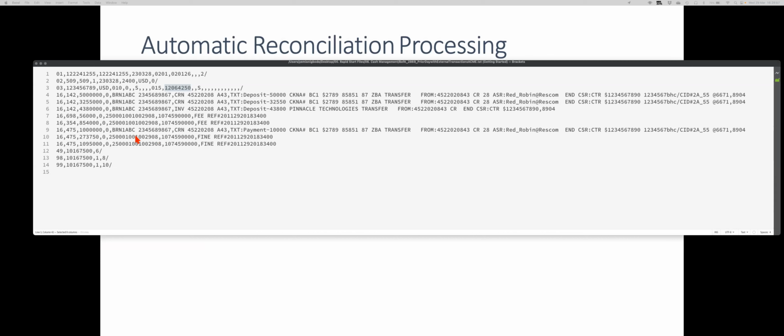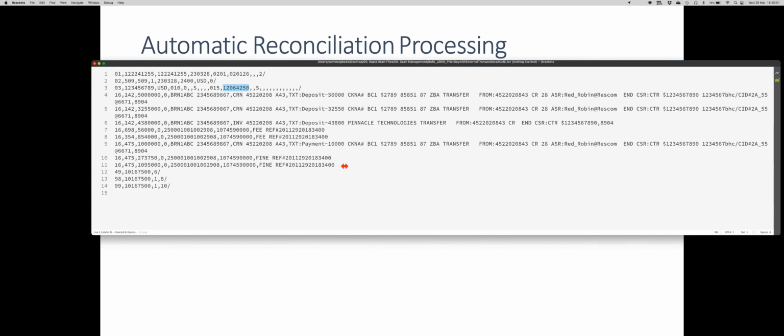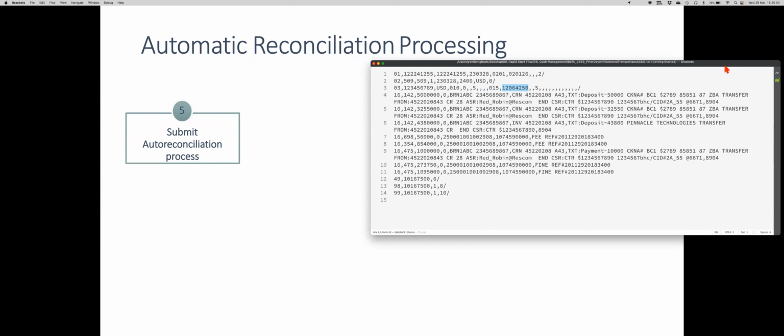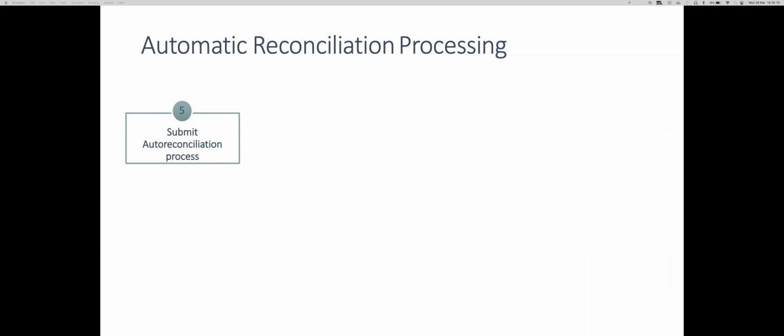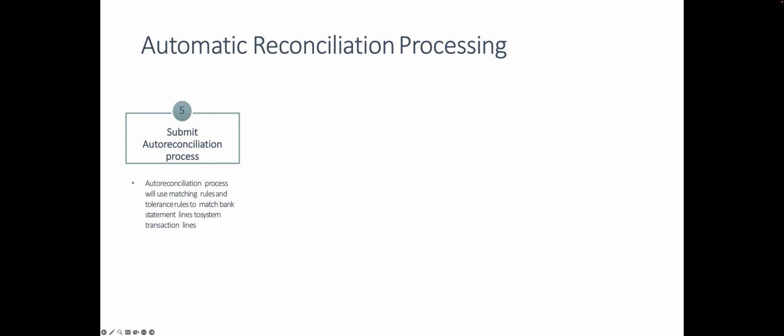Now, I'm going to go into the details of this file in a minute, but let me just run my import program first. So the first thing we want to do is submit the auto reconciliation process after we've loaded the file. And this will look at the matching rules and the tolerance rules to match the bank statement lines to system transaction lines.